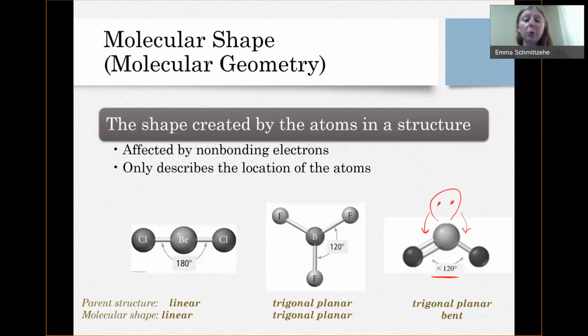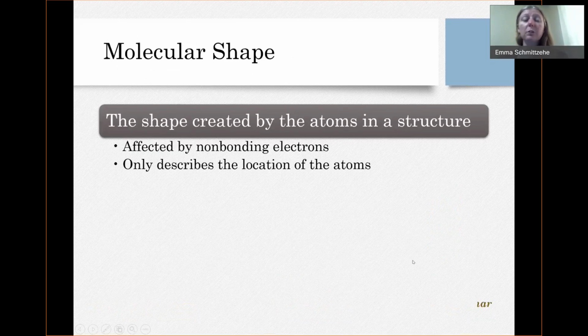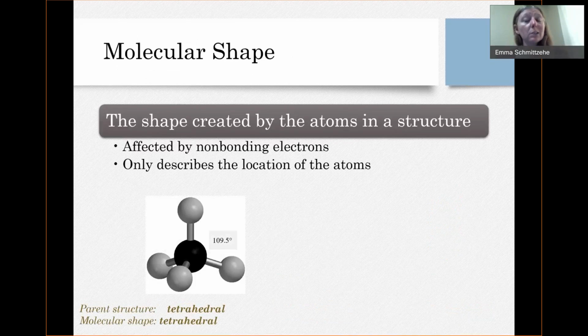Okay, now let's go through our third parent structure. We'll go through the tetrahedral structure. So if you have 4 electron domains attached, if all of those things are attached to actual atoms, meaning they're all bonding pairs of electrons, then not only is the parent structure tetrahedral, but so is the molecular shape.